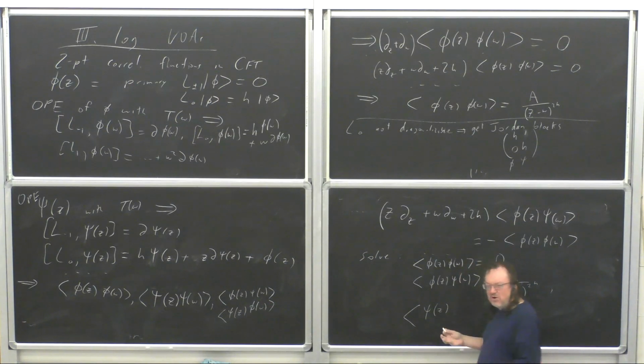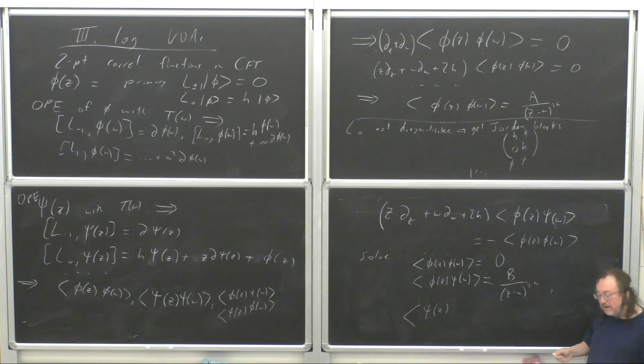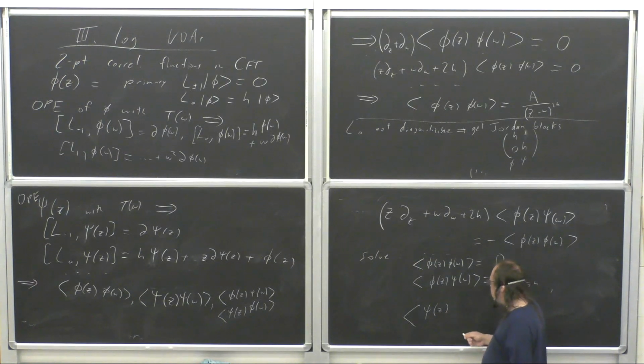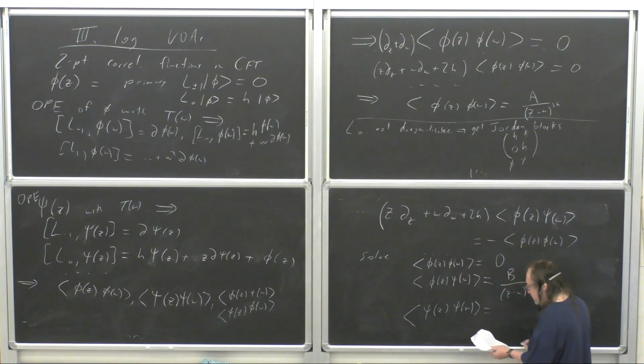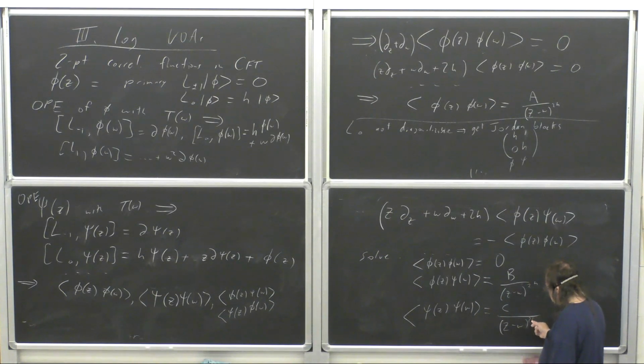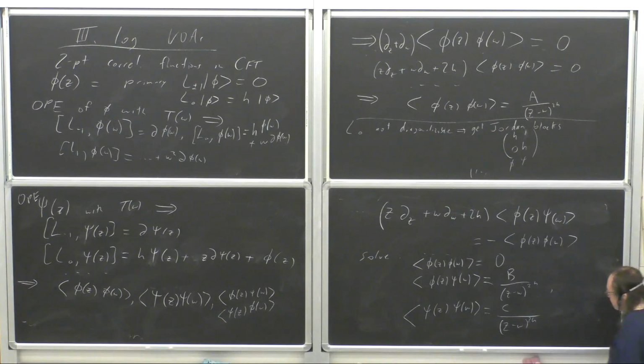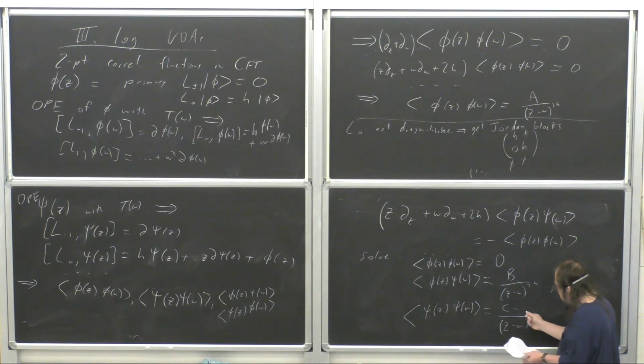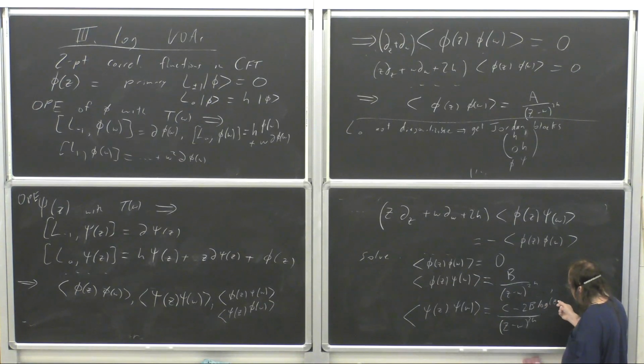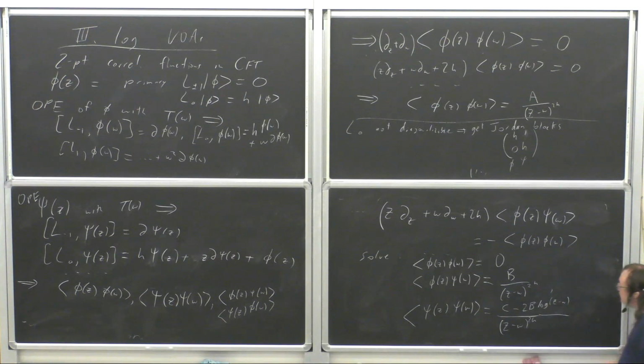So pitchfork is somehow less wholesome, less primary than phi. So we expect it to be a little bit weird, and it is. What you get is this together with a logarithm coming in.